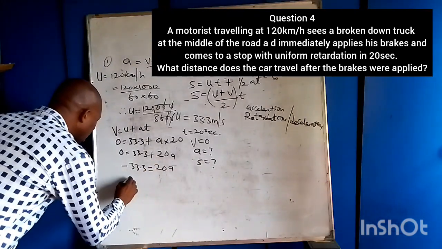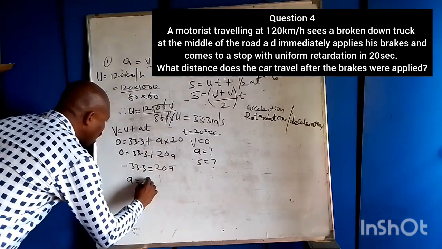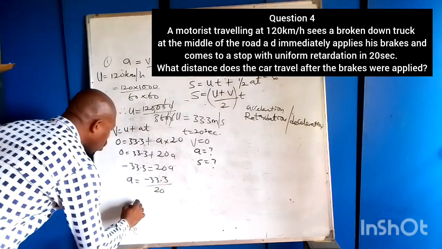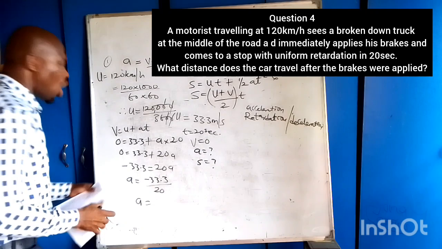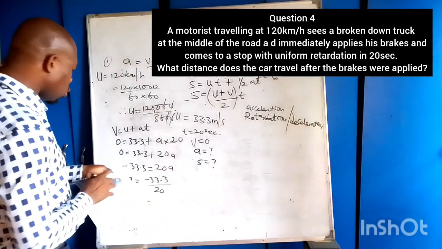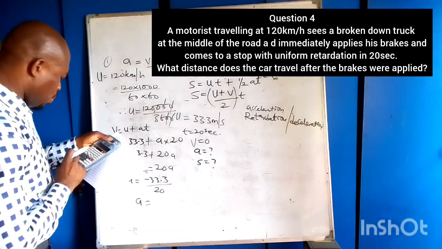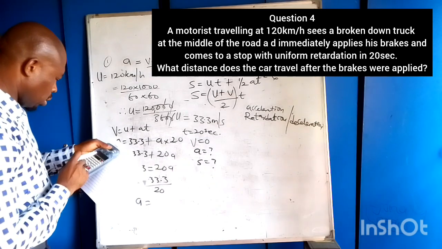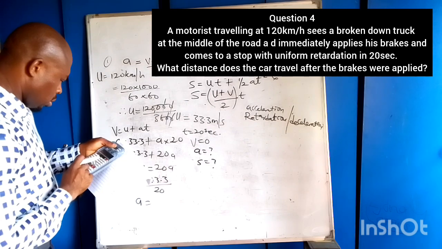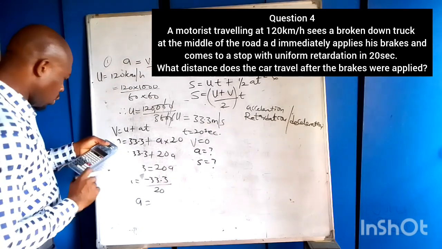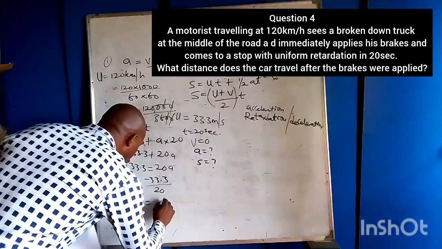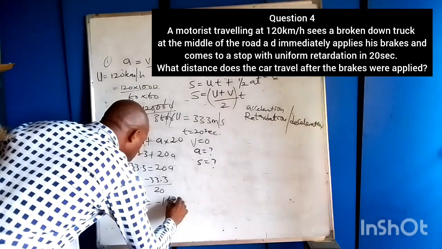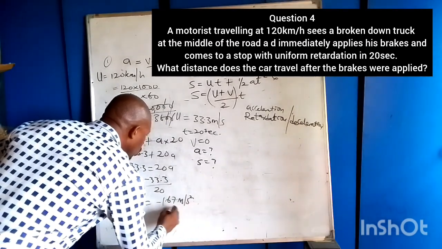Now, the retardation A is minus 33.3 all over 20. Therefore, the retardation or the deceleration will give us 33.3 divided by 20, which will now give us minus 1.67 meters per second squared.